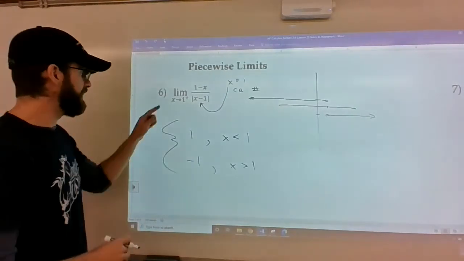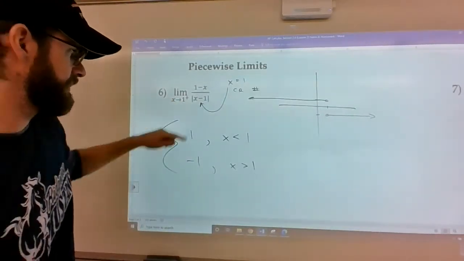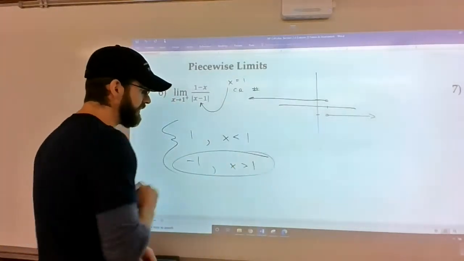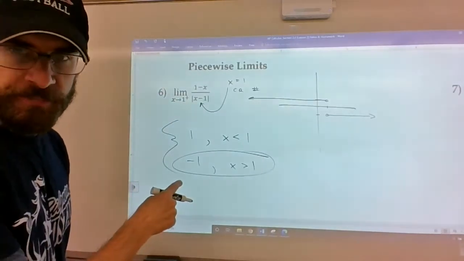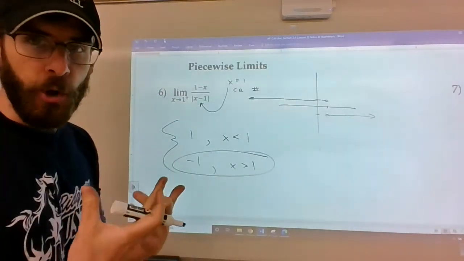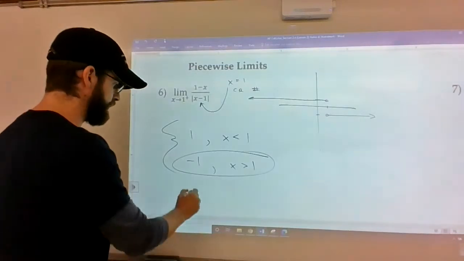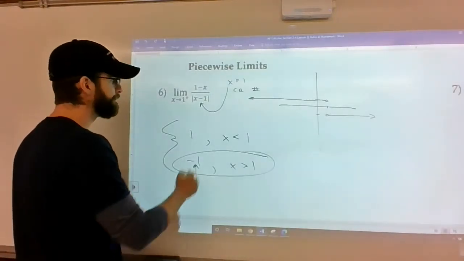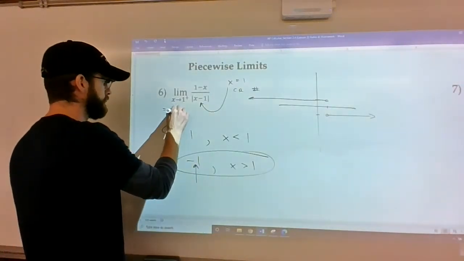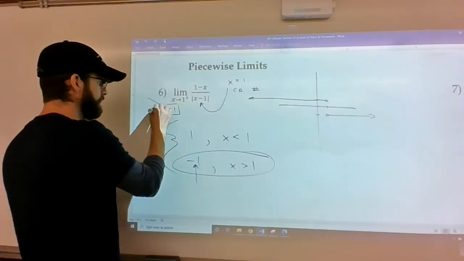All right, the limit as x approaches 1 from the right: use that part of the piecewise, which has no place to plug in for x. So it's literally that value right there. There's my final answer.